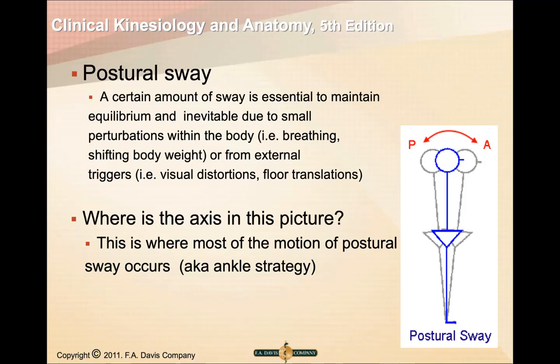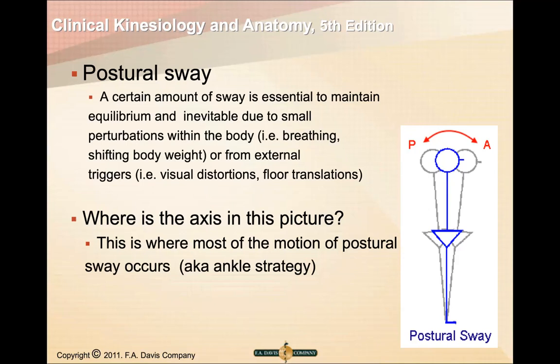But my point of this slide is to say that when we're standing, we're always shifting our weight a little bit side to side. Like if you tried to stand in the exact same spot for more than 1 minute, you would get antsy and you would want to shift your weight from one foot to the next. You would want to maybe shift forward and backward.